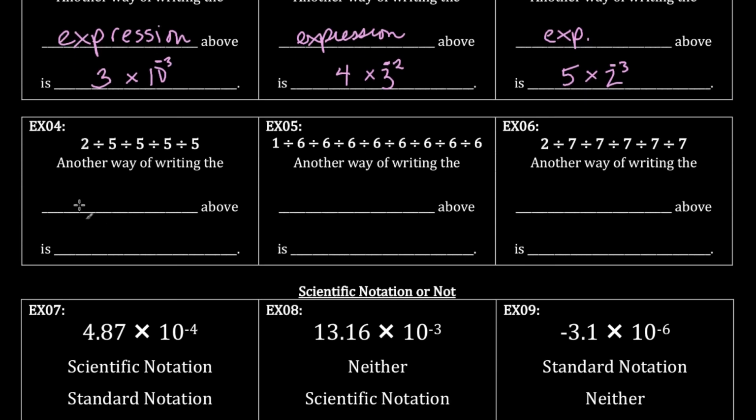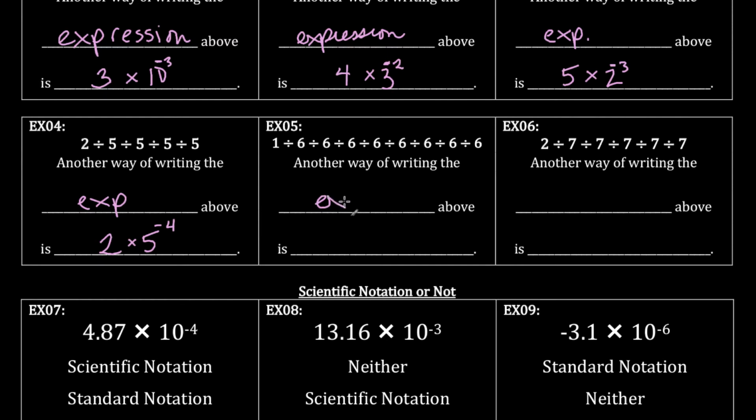Let's do it again. Another way of writing the expression above, 2 divided by 5 divided by 5 divided by 5 divided by 5, is 2 times 5, not to the 4th power, but to the negative 4th power because you're dividing by 5, not multiplying. Here's a lot of 6s.